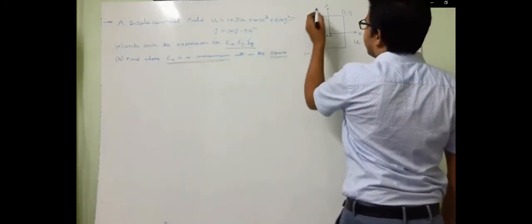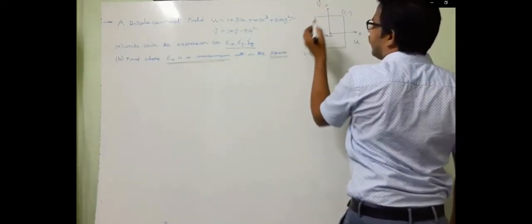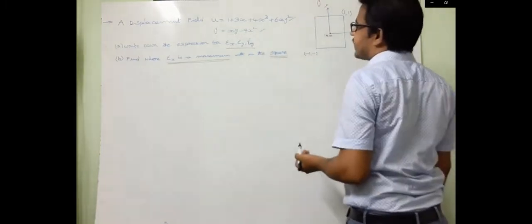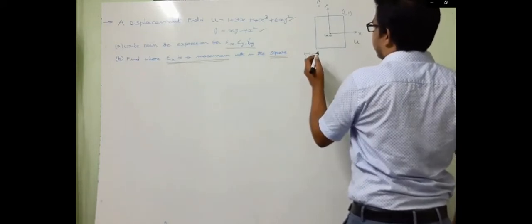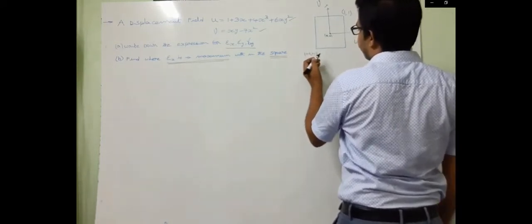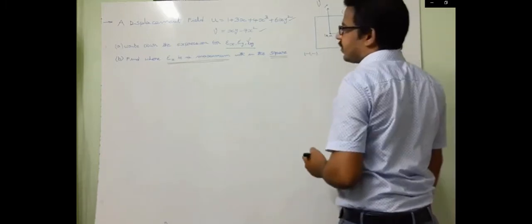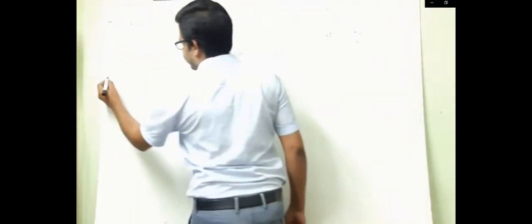Along the y direction, displacement v equal to xy minus 7x square. So this is the square diagram. So here 2 points are there, that is -1, -1 and 1, 1. So coming to the first question.